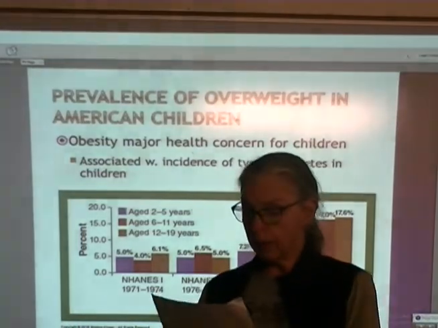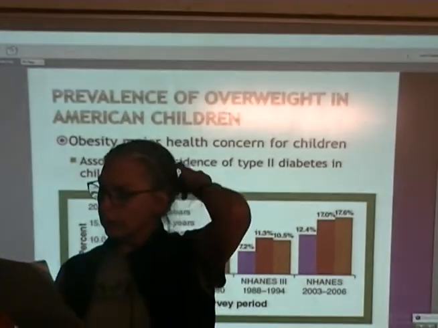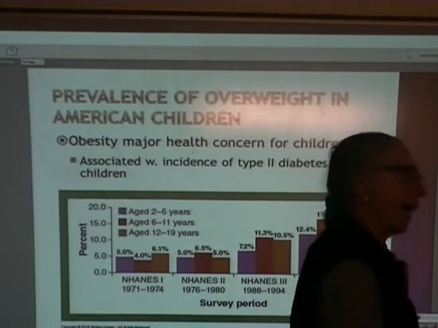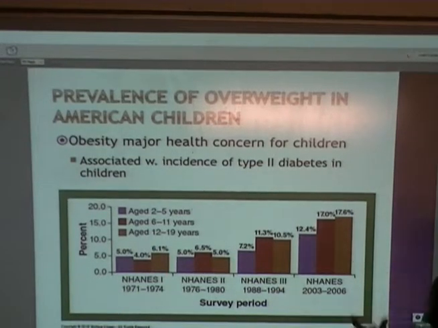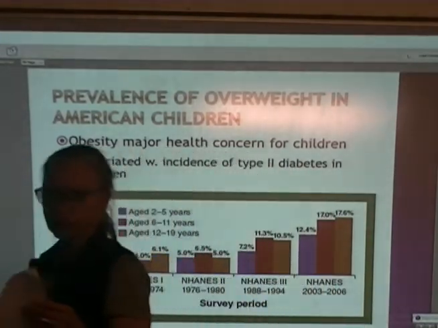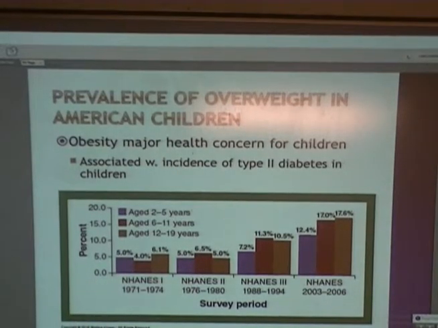But the International Diabetes Federation decided that they needed to look at overweight, obesity, and the link with disease in 2005, something like that. 2007, they decided that we can't identify metabolic syndrome in children under 10.